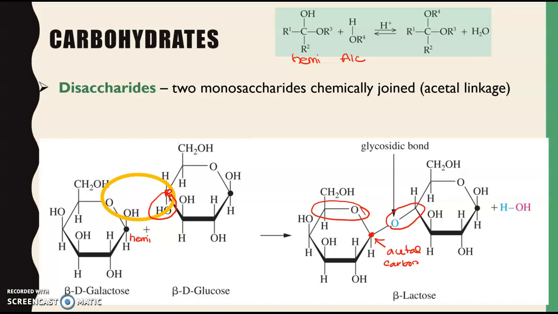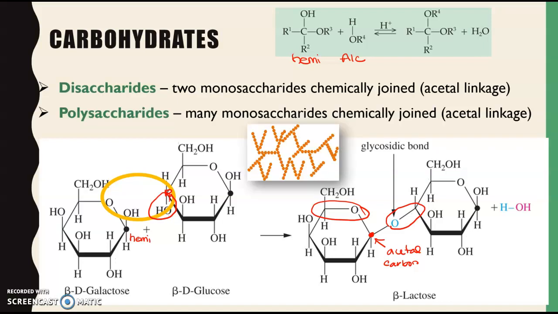Now, what about our polysaccharides like starch and cellulose and glycogen? Our polysaccharides, where we bond many monosaccharides together, are just repeating this. So this hemi could react further, and it would have a hemi on one side that could react further.